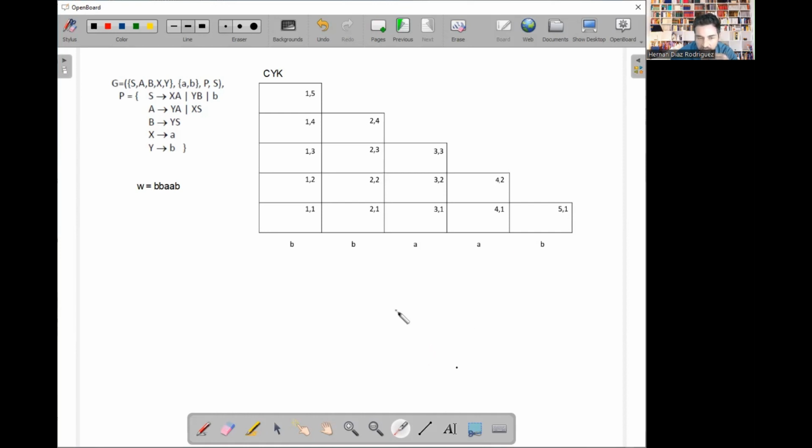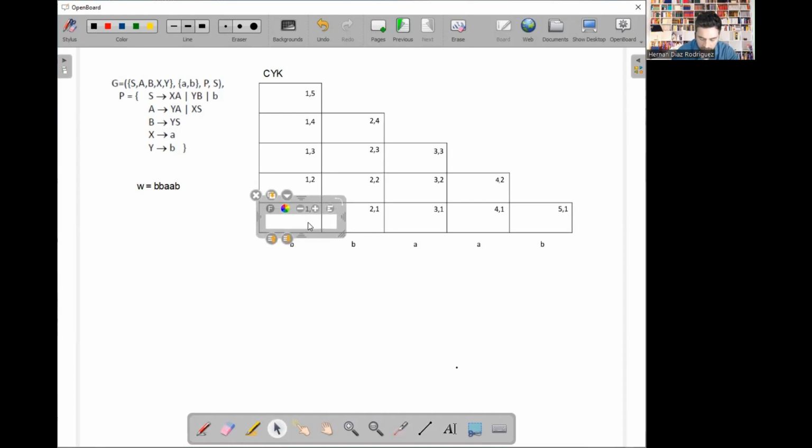Okay, so let's see this in detail. For instance, let's start filling the cells. For the first cell, I put myself in the first position and I take one character. So the variables that produce lowercase b are y and s, right? I have these two variables that can produce lowercase b.